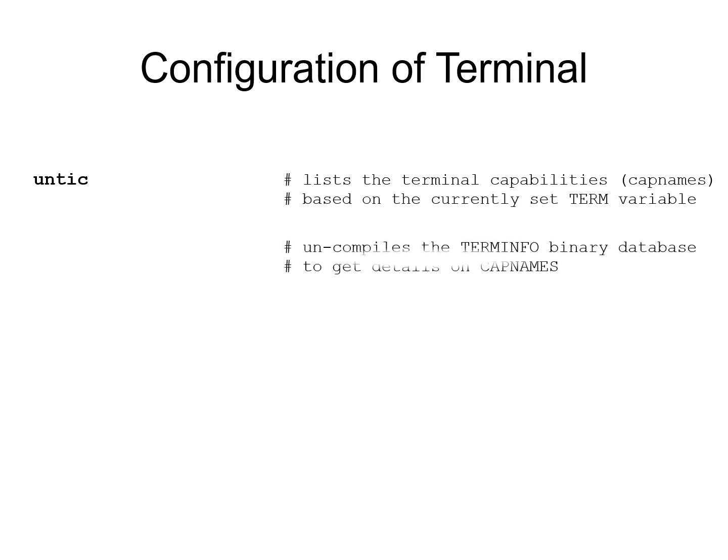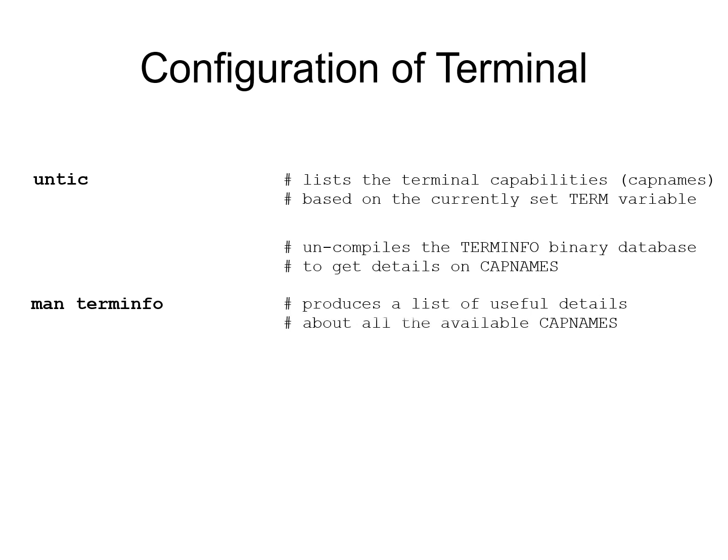The capabilities listed should be cross-referenced against the man page for terminfo for an explanation of the features. Enter man terminfo, which provides useful details on what is called the terminal cap names, extracted from our Unix machine's internal terminal information database, also known as the terminfo database.